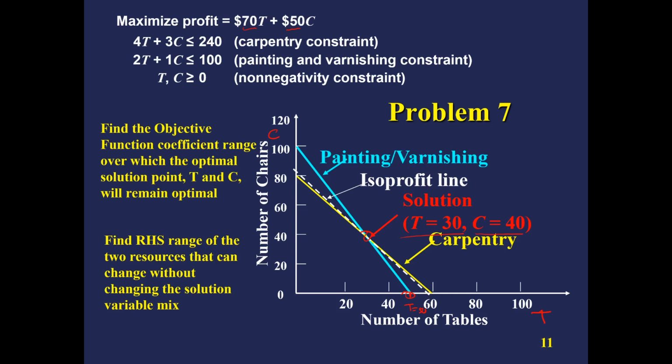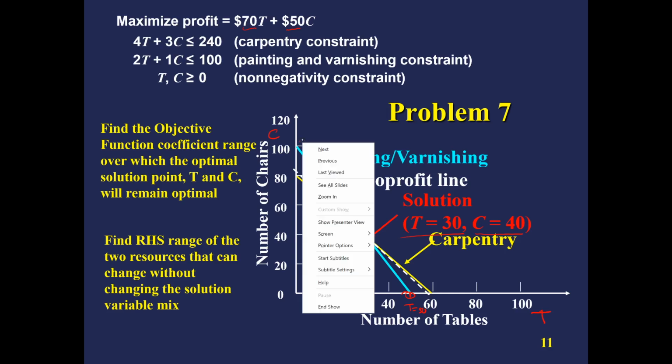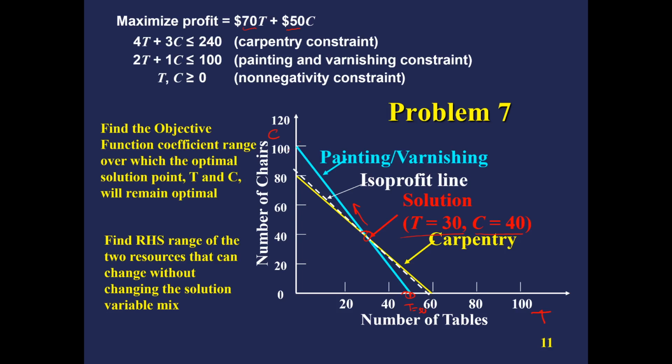For maximum, we move this Carpentry constraint away from the origin, and the corner point will start moving toward this side, to the corner point where C is equal to 100 and T is equal to 0.